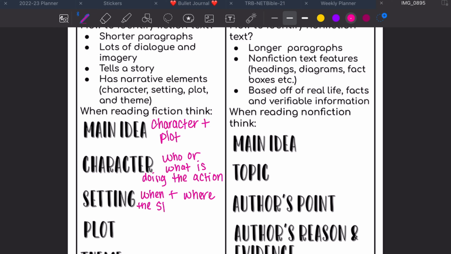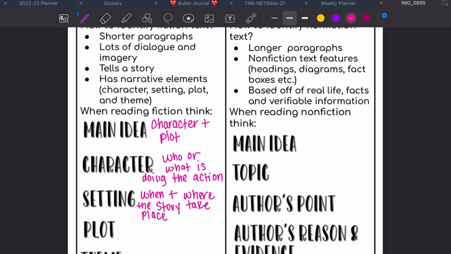Just like a story that takes place in 1996 versus one that takes place in 2023, when the story takes place is very important and can influence our characters a lot, okay? So when and where the story takes place, okay?